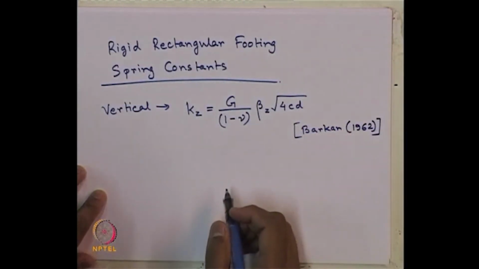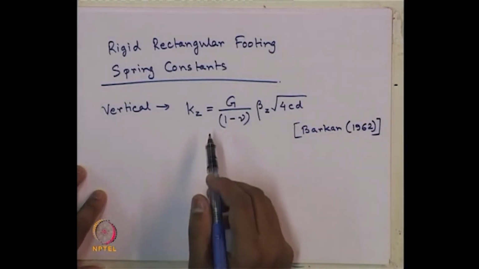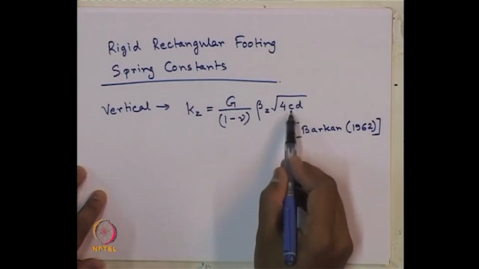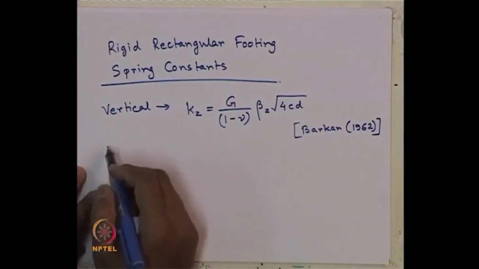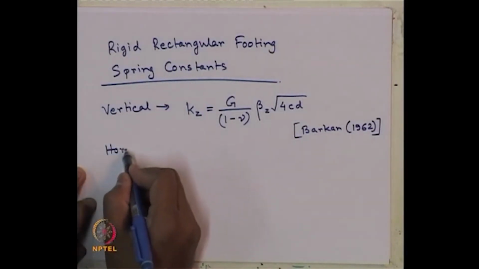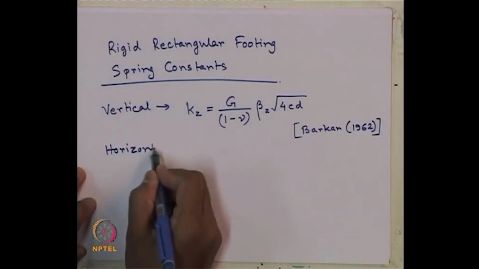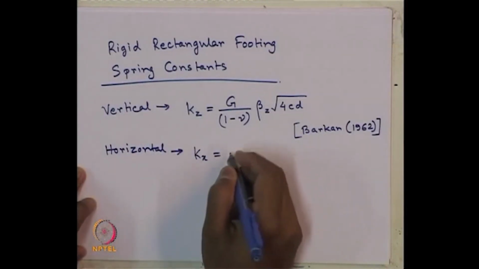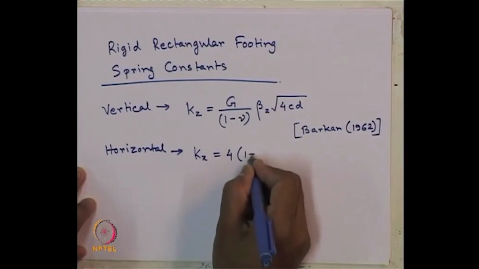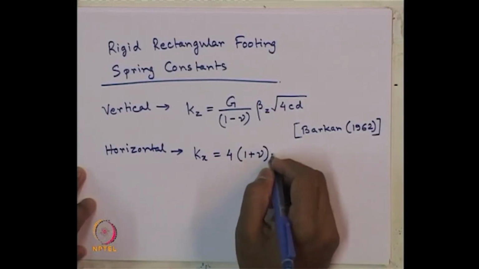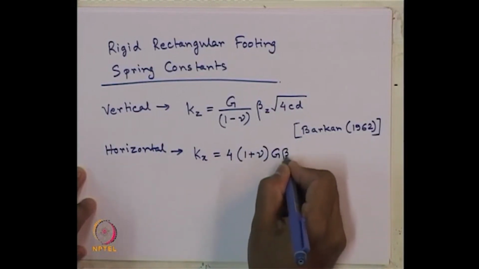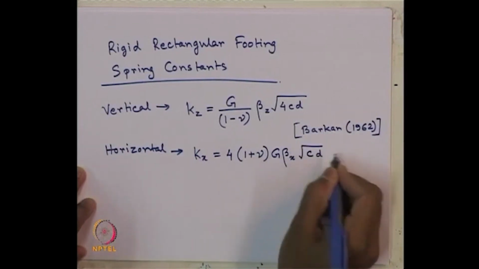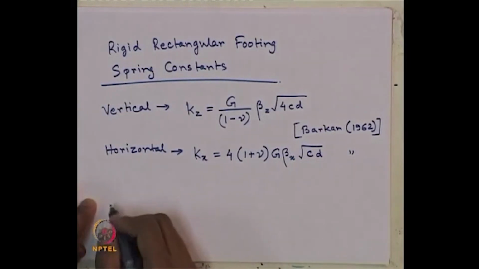In this beta z, these are coefficients, which depend on the size of the footing. For horizontal mode of vibration, it is given by k x as 4 times 1 plus mu g beta x root over C d. This is also given by Barkan.